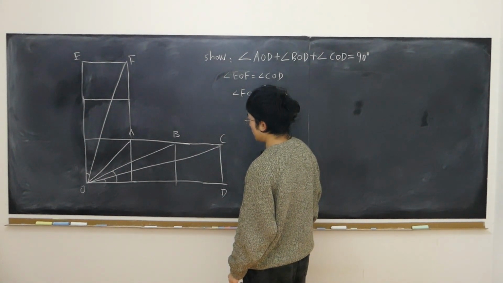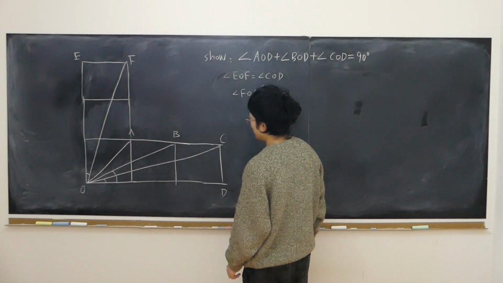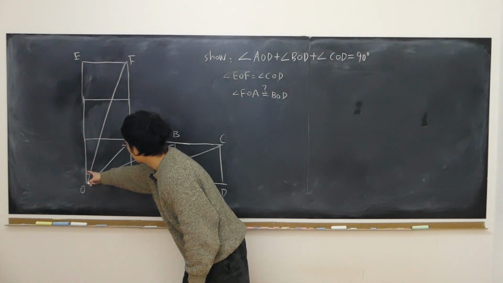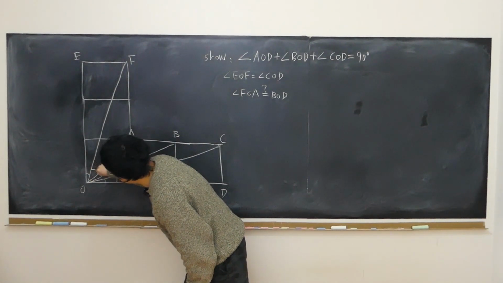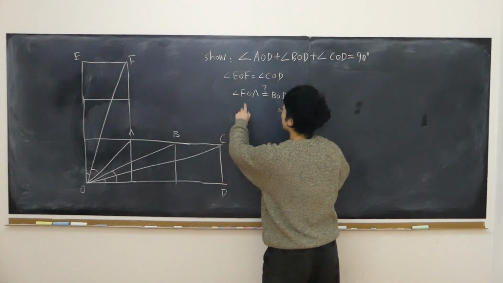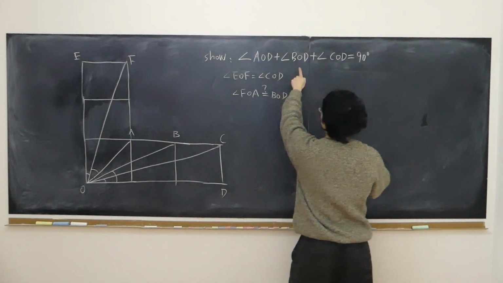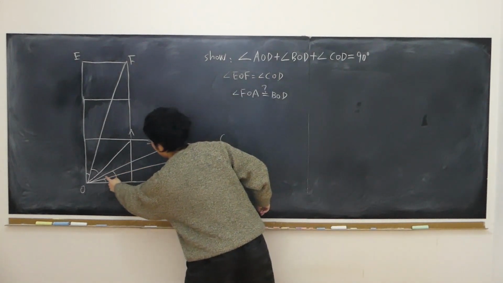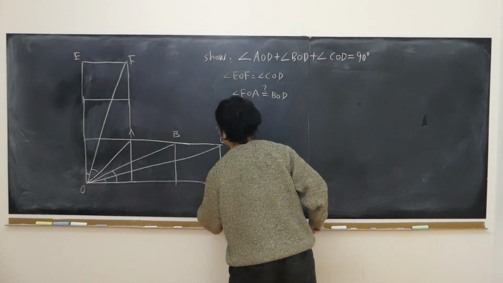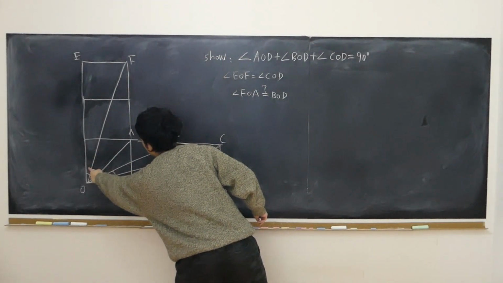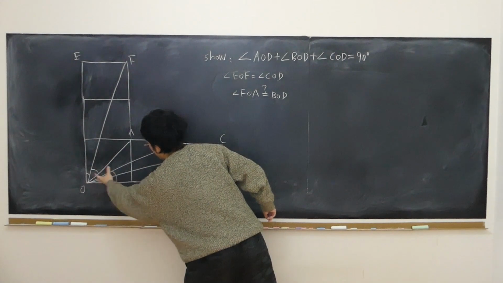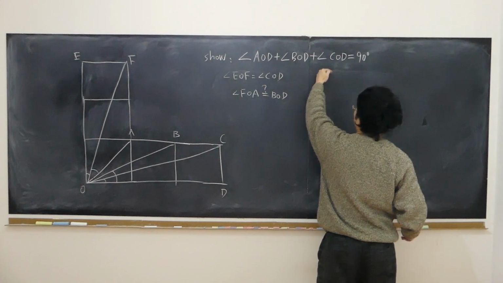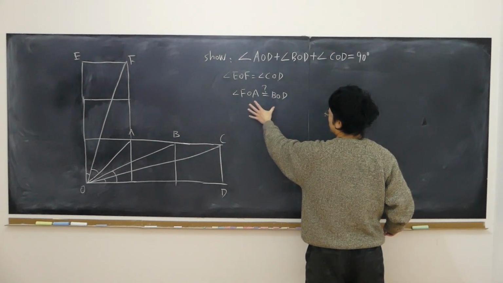As long as I can show they are equal, then that means this angle plus this angle is equal to angle BOD plus angle COD, right? Then if I just add angle AOD, this angle plus angle AOD is automatically obviously 90 degrees, right? Because this is 90 degrees. Then I can show my final result. But can I show that first, right?